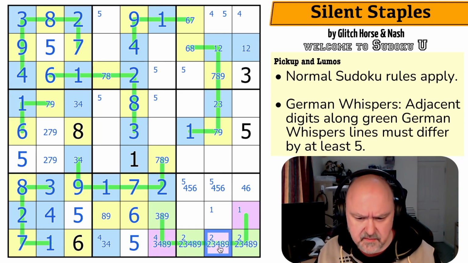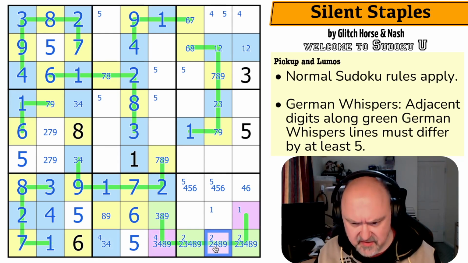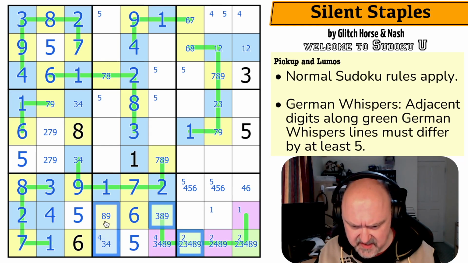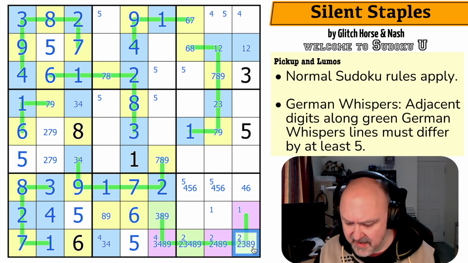This can't be a 3, because if this is a 3, that becomes a 4, and that can't be a low digit. If that's a 2, these are a 3, 4 pair, and that's possible. If that's a 4, they're both 9. That's a 3, that's an 8. That's okay. That can't be a 4, because those would both have to be 9, and it can't be a 3. So if this is a low digit, it's a 2.